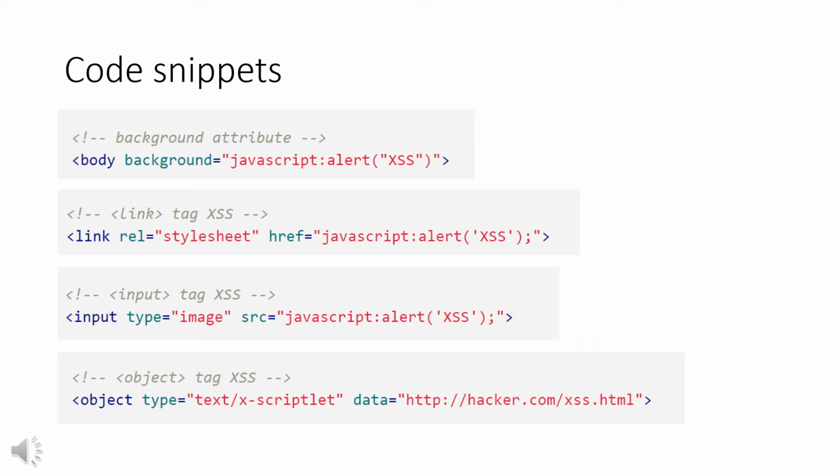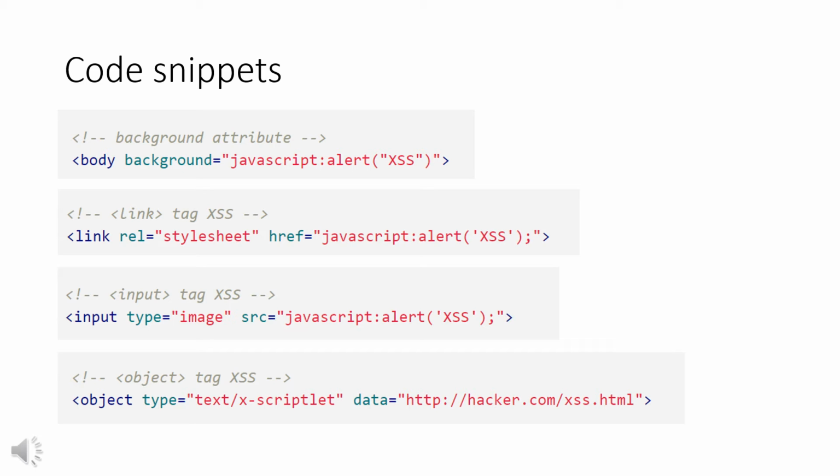We can see that instead of providing a valid background image or a valid parameter, there is a JavaScript script being executed there, which is an alert. This is just an example, and instead of this alert, it could be something much more dangerous, like sending in tokens or cookie data or stuff like that.